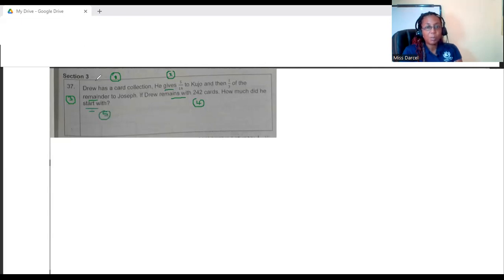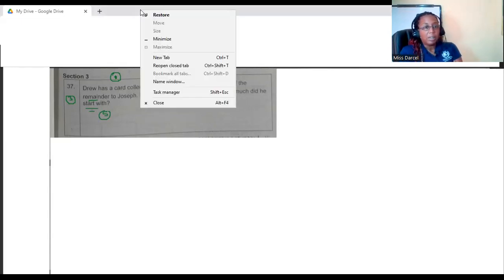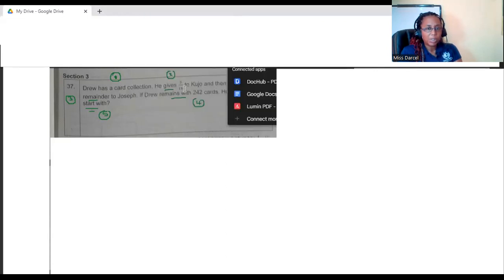All right, so before we even get to number 5, we have to work our way all the way from number 1. So let's do that. First things first, he has a collection. So we're going to use this fraction here, the 5/16, to figure out the total.